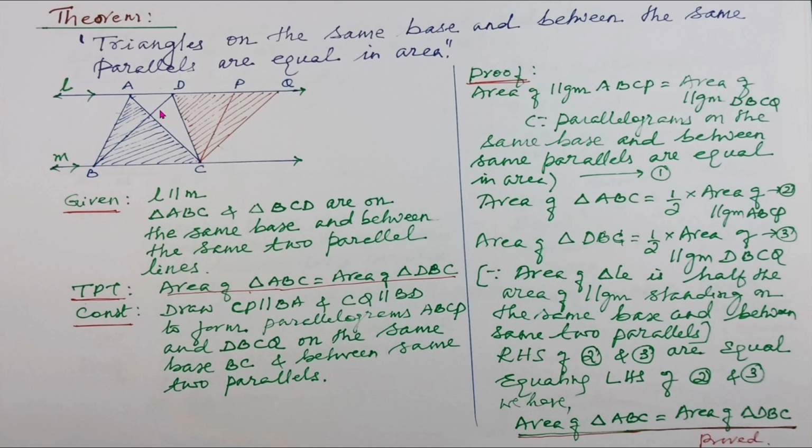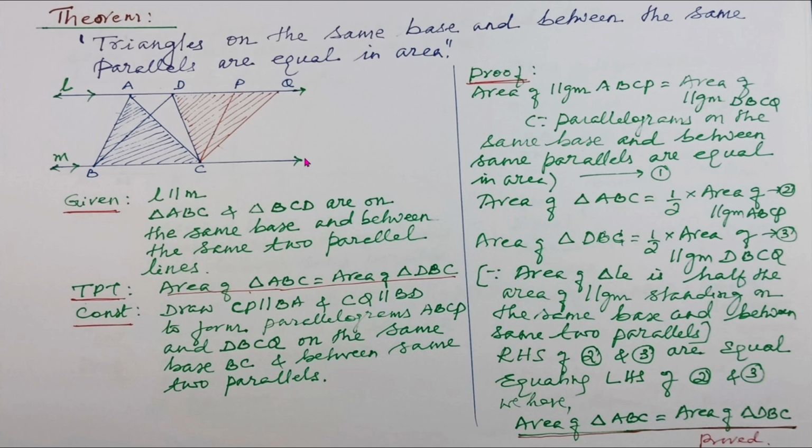But the areas of the two parallelograms are equal, and therefore the areas of the two triangles ABC and DBC are also equal. So that is the proof of this theorem, and that is what I have written here. So go through what I have written and whatever I have explained to you, and you will understand very clearly how to prove this theorem.